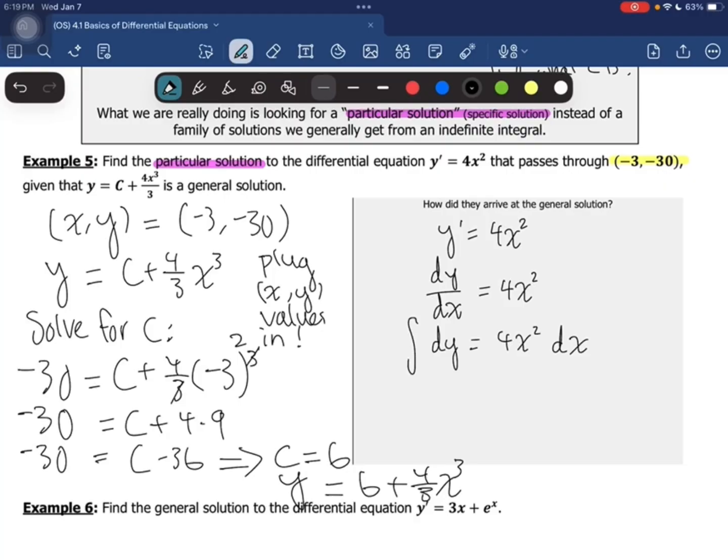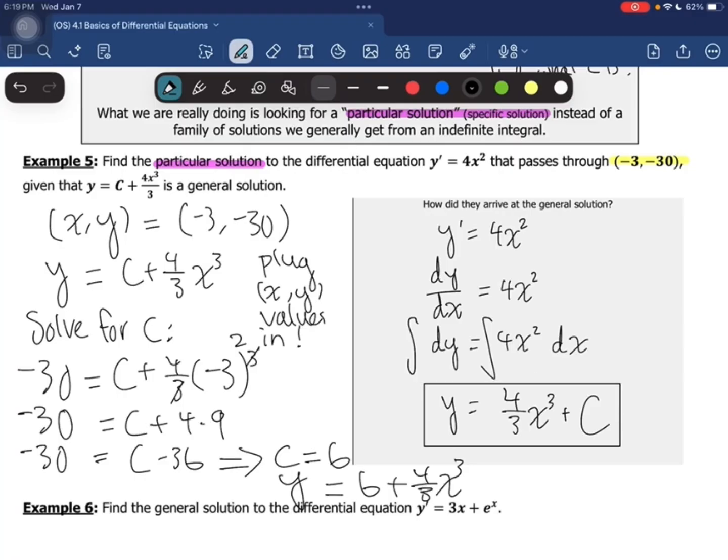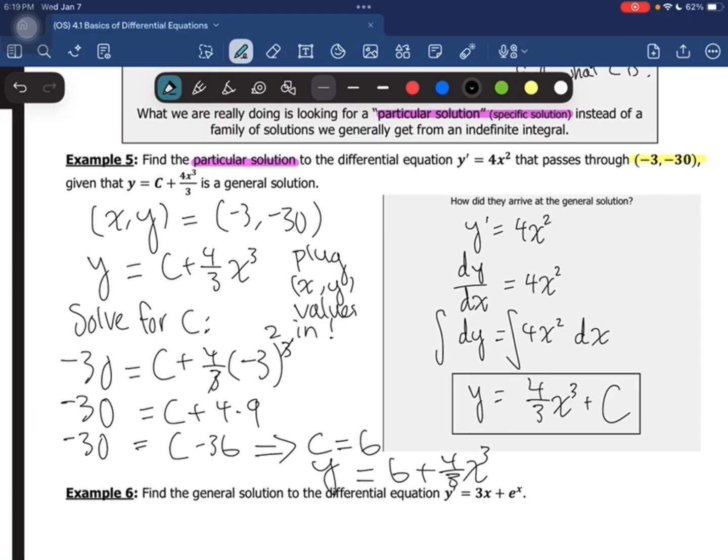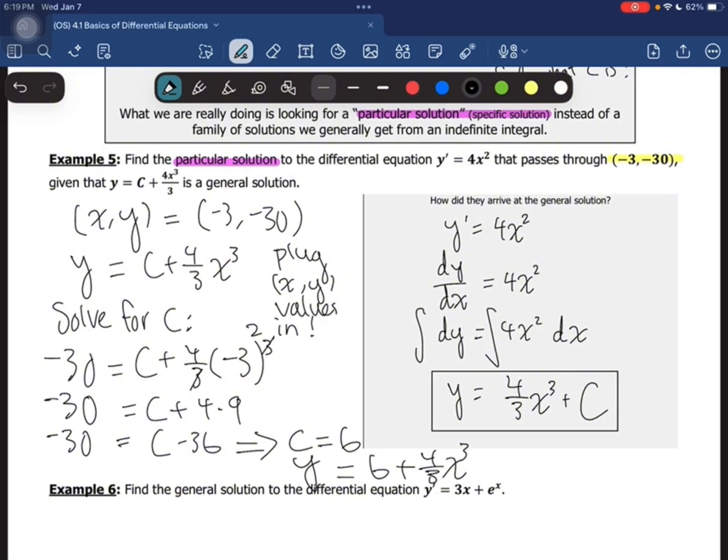And when you integrate, you get that y equals 4/3 x cubed plus c. Isn't that neat? Please make a box. It made a box. Awesome.